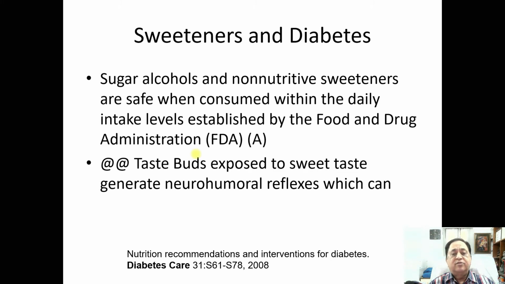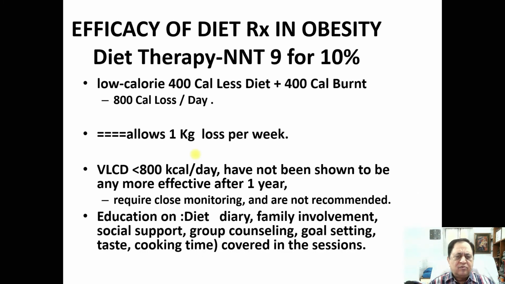That is a separate story, but still around 10% of the total calories can be consumed as even sucrose if the patient is not ready to totally stop taking sucrose in any form, because many of them will be requesting you to allow them half a teaspoon of chini in 1 cup of tea twice a day, which is fair enough, can be allowed.